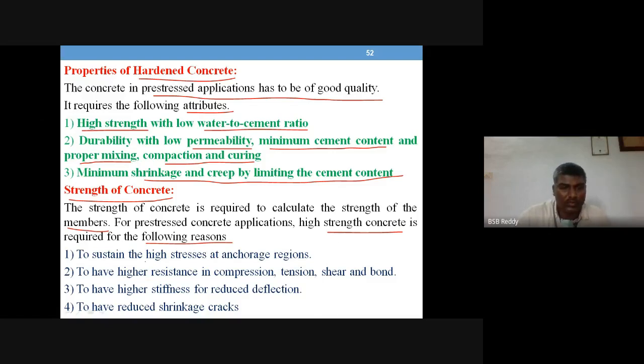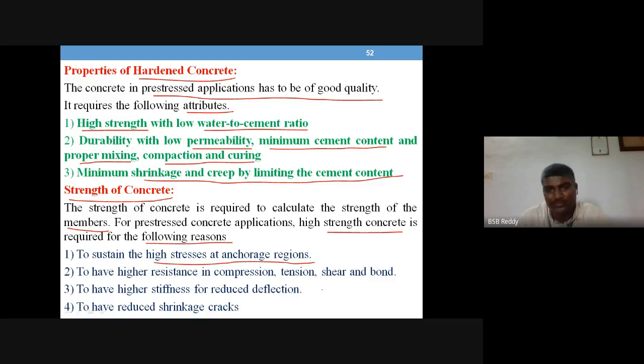First, to sustain high stresses at anchorage regions, where we pull the tendon, the end zones. Anchorage regions, the ends of the members, are very crucial, where there is going to be a high concentration of stresses.